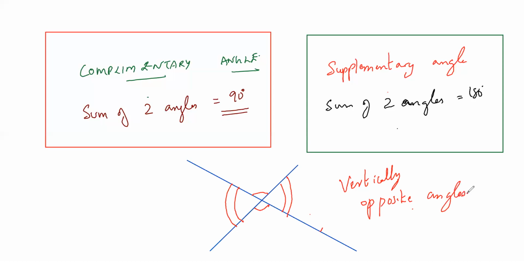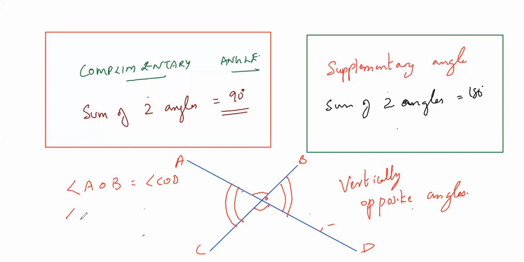So what is the application of this? This will be used in proving the congruence of two triangles, which we'll be learning in the coming chapters. If I'm just giving names here, A, B, C, D, and the center is O. Angle AOB is equal to angle COD.